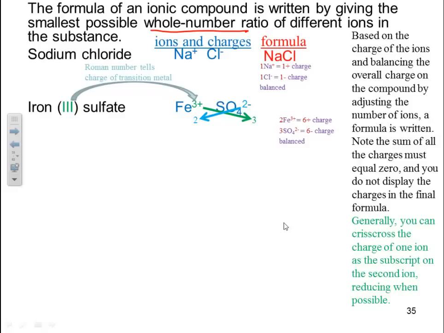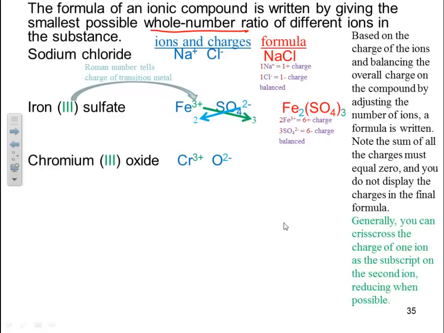That's balanced. Total of 6 pluses and 6 minuses, which means my formula is Fe subscript 2, open parentheses, SO4, close parentheses, subscript 3. It's important to put the parentheses because I have to show in the formula that we have 3 sulfates, with a -2 charge.